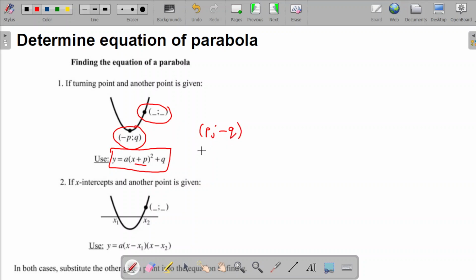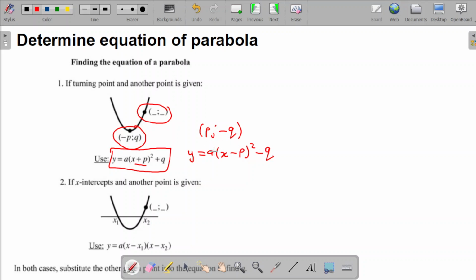You put it inside as y = a(x − p)², because here it's positive, and then all squared. The q doesn't change. If it was negative here, it's going to be negative q. If it was positive here, it's going to be positive q.